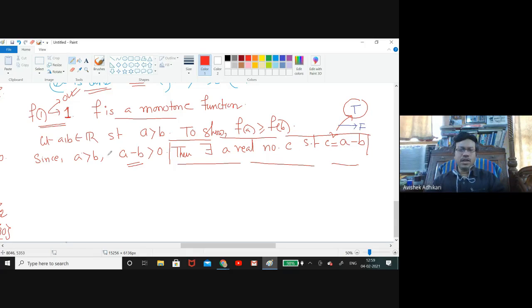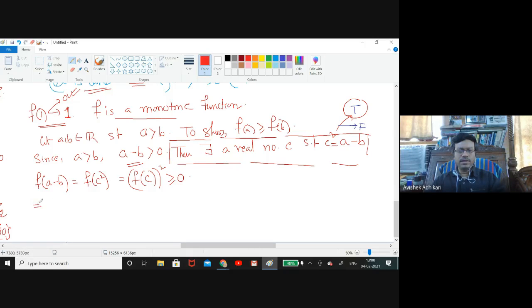Now if I take f of a minus b, then this is nothing but f of c squared. And since this is a homomorphism, I can write it as f(c) whole squared, right? So this is greater than or equal to 0.